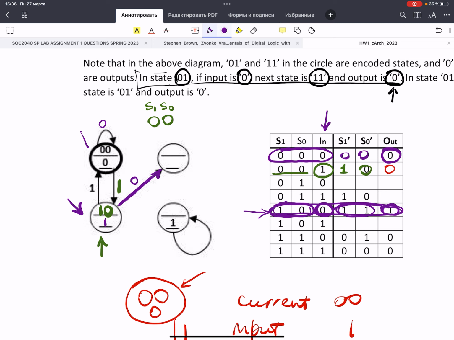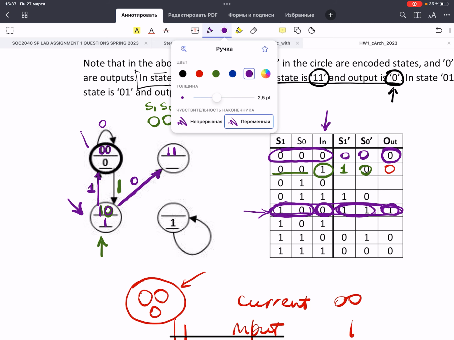As I see, we already have just one input 1 for this 1, 0, and the next state in this case is 0, 0. But here the next state is 1, 1. So I'm assuming that here the input is 0 and the next state is 1, 1. So I'm repeating.